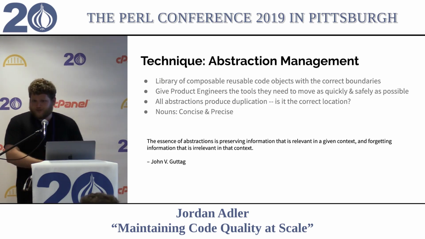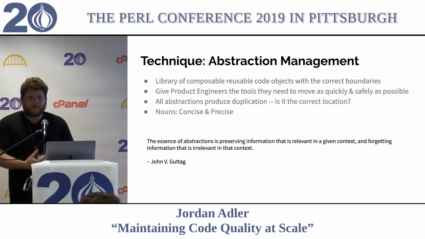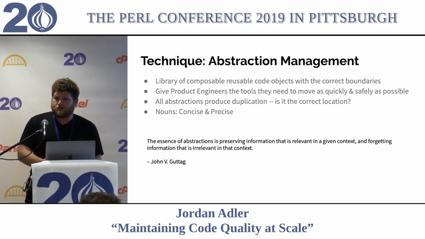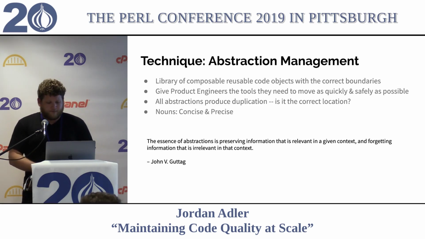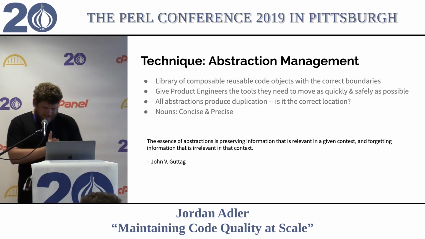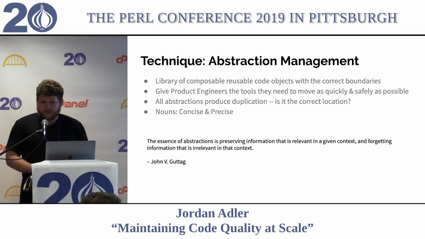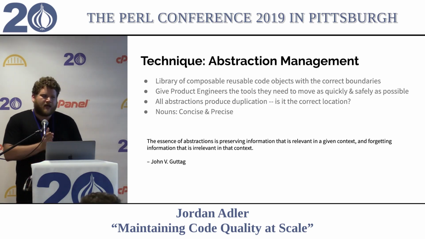And all abstractions produce duplication. It's an inevitability. At some layer, there's going to be duplication. You need to decide what layer that is and if that's a good thing or not. Another thing that's important is nouns. You're naming verbs, functions, systems, and making sure that a noun correctly conveys what it does, that it's concise and precise, enables a true abstraction.